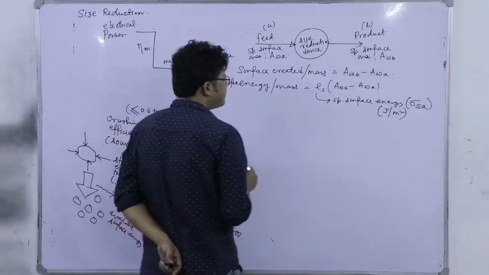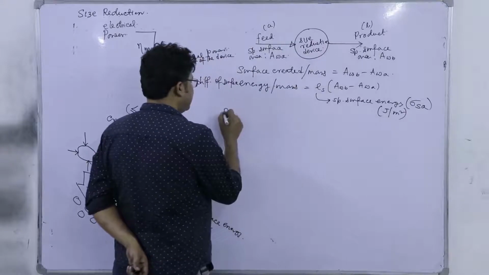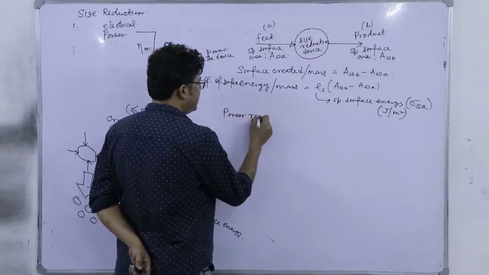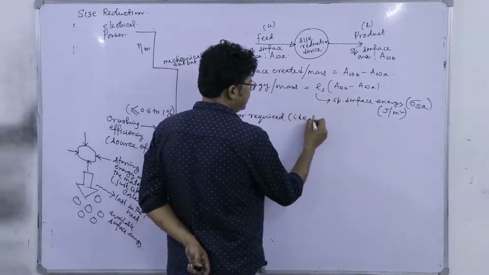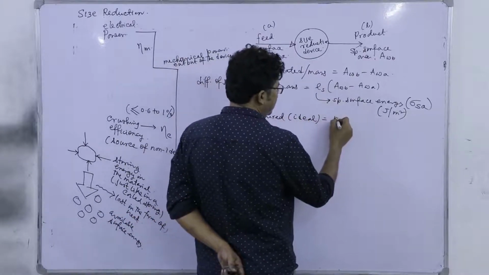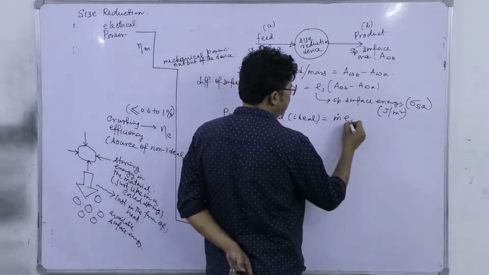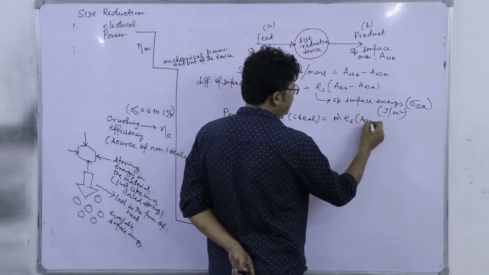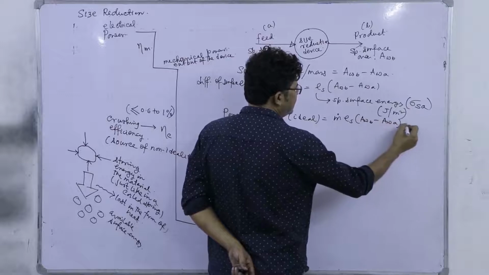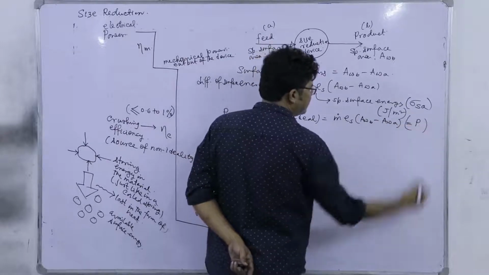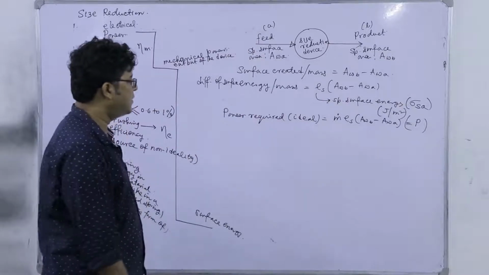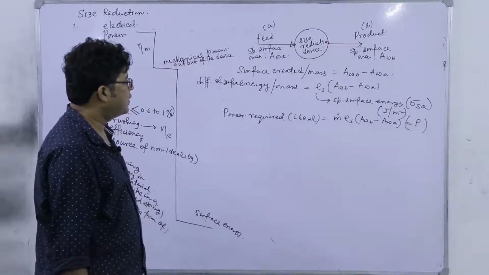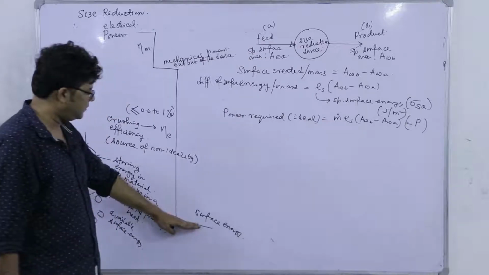So the power required, the ideal calculation, is m dot into ES into AWB minus AWA. That is basically the ideal power, which we can calculate from here. Now, this is the available energy.